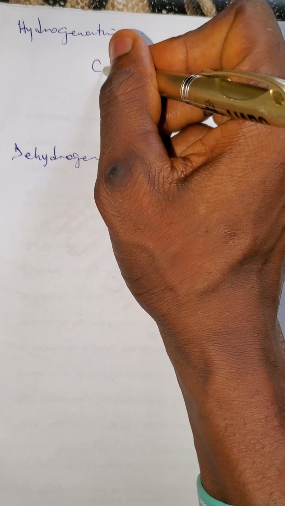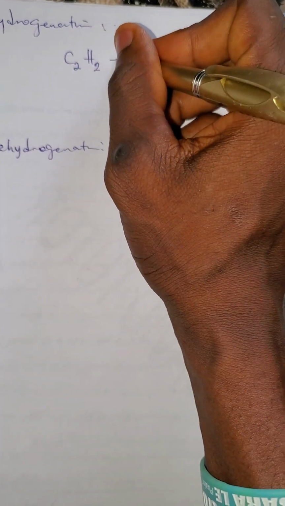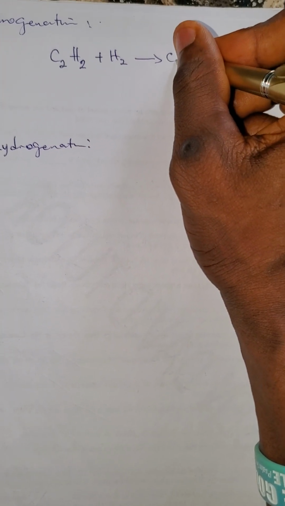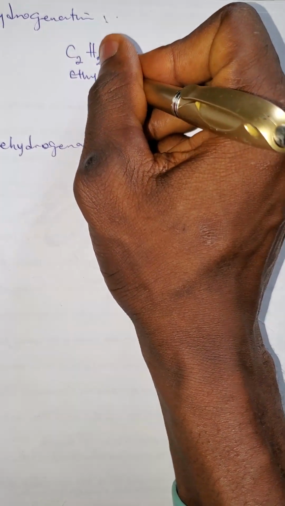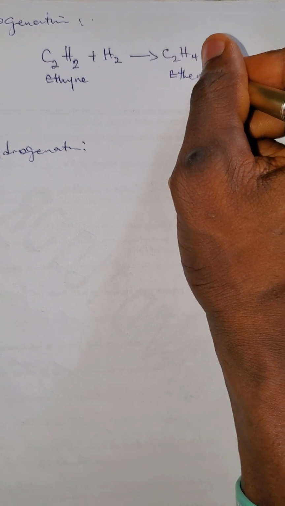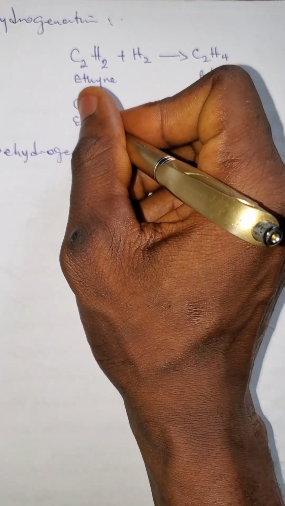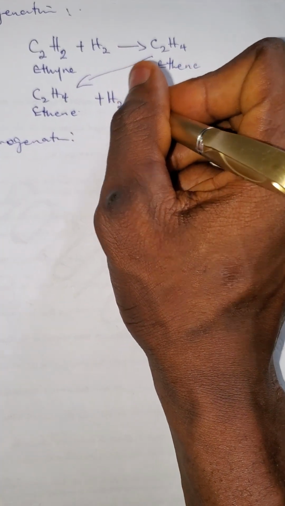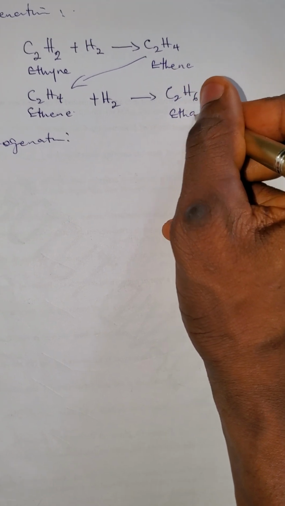Now, if you add hydrogen to a compound, let's say C2H2 as I gave it to you, plus hydrogen, to give you C2H4, so from ethyne to ethene. The ethene, which is C2H4, if it undergoes hydrogenation to give you C2H6, which is ethane.